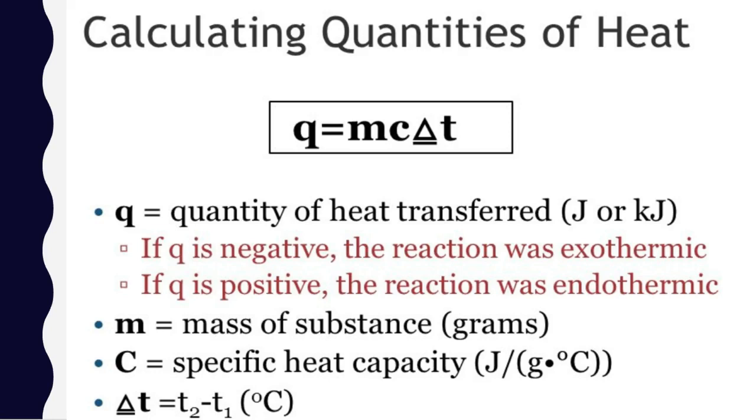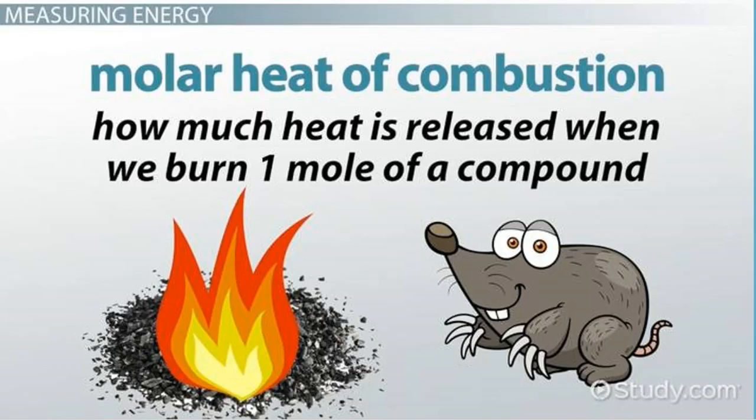So that is our quantity of heat that is transferred, but that is different to our molar heat of combustion. With our molar heat of combustion, we're actually looking at how much heat is released or absorbed, but released in the case of our alcohols, when we burn 1 mole of that compound.